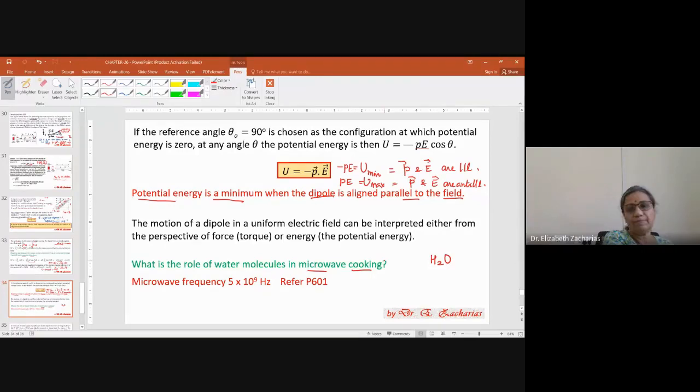I hope you know what an AC field is. A field where the direction is changing. Now, the microwave AC field will have a frequency of 5 into 10 to the power of 9 hertz. Do you know what this means?